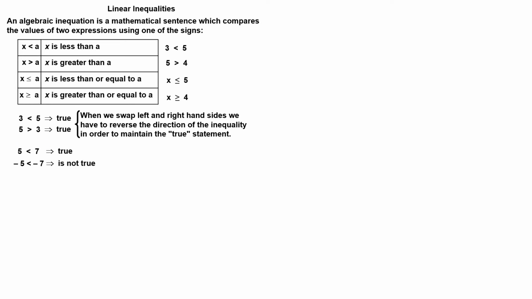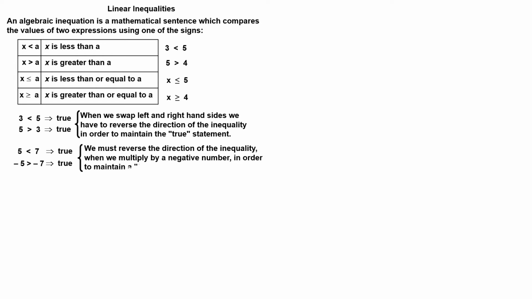We must reverse the inequality sign to maintain the statement true because minus 5 is greater than minus 7. Therefore, we must reverse the direction of the inequality when we multiply by a negative number in order to maintain a true statement.